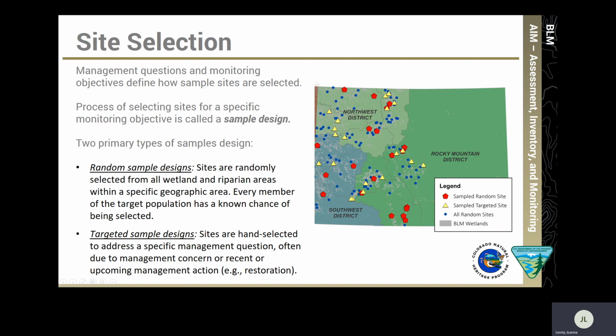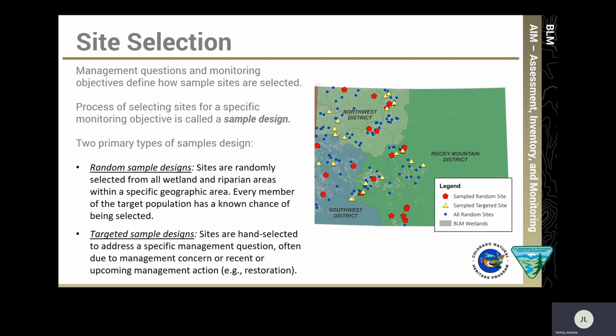Resource monitoring is an essential component of adaptive management. Monitoring begins with identifying clear management questions, which in turn lead to monitoring objectives that specify when, where, and how monitoring data are collected. The process of selecting sample sites is called a sample design. There are two primary types of sample designs.